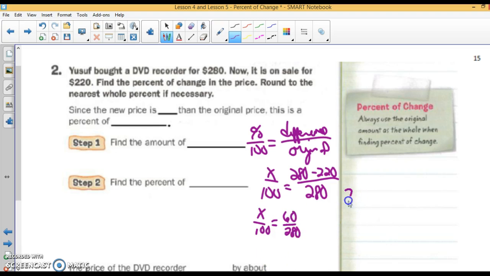When I cross multiply, 280x equals 6,000. Divide both sides by 280. And I will get x is 21%, and it's a decrease.